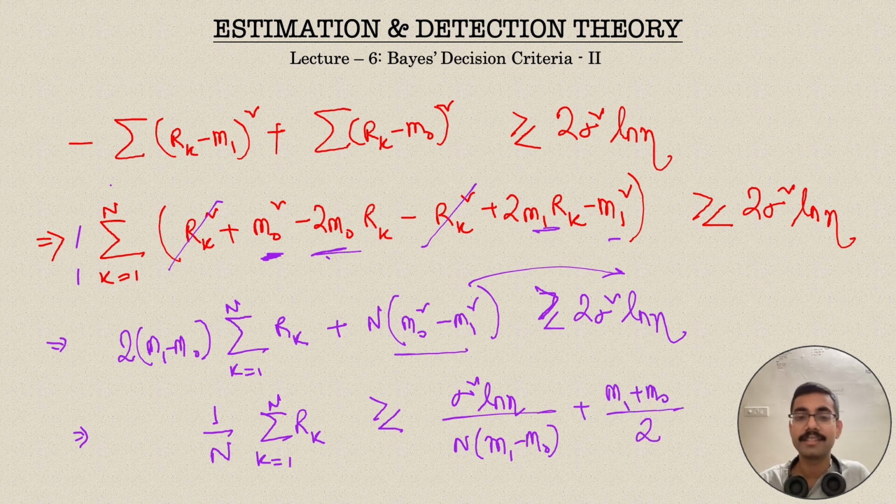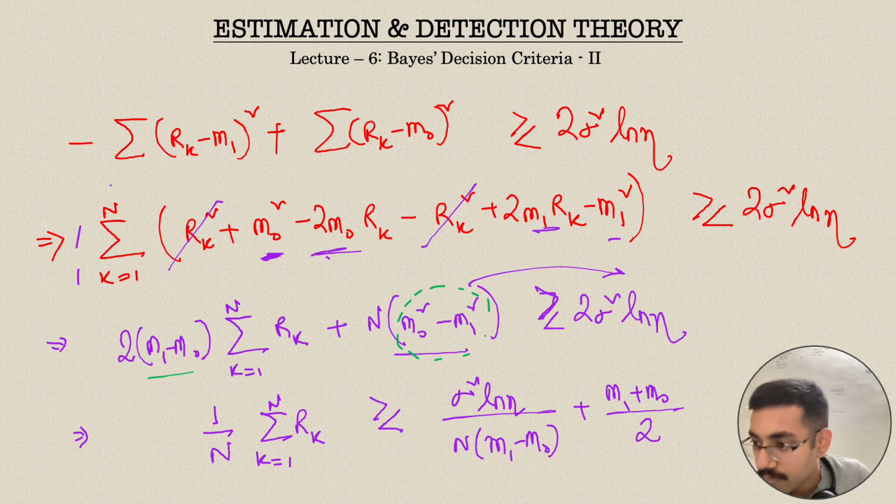This is a very interesting observation, by the way. You can easily see this, right? We divided the entire expression by 2 times m1 minus m0, and whatever we were left with, this entire expression, a square minus b square is a plus b times a minus b, so this gets cancelled out and we are left with this expression.